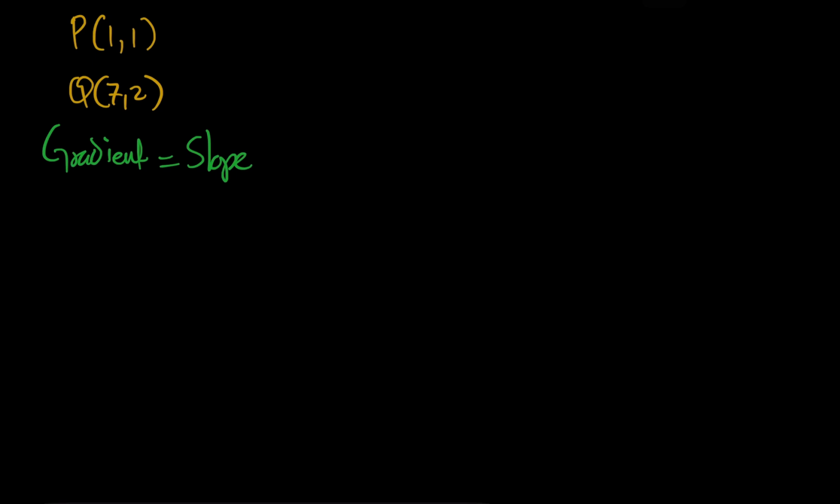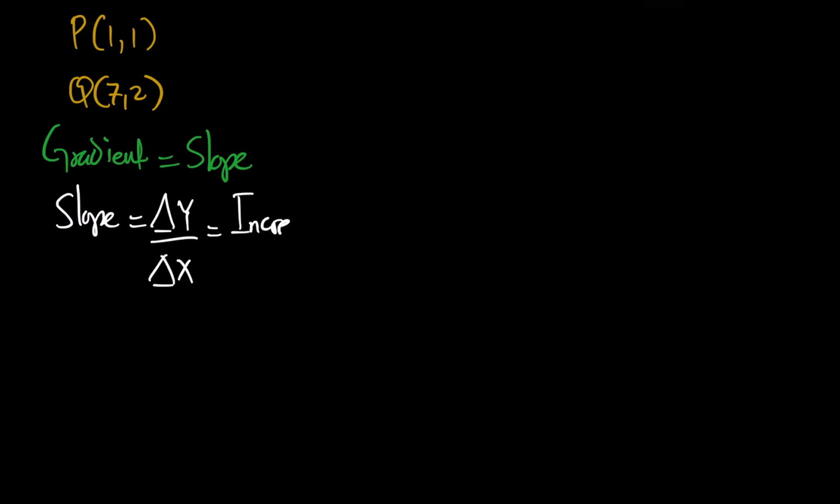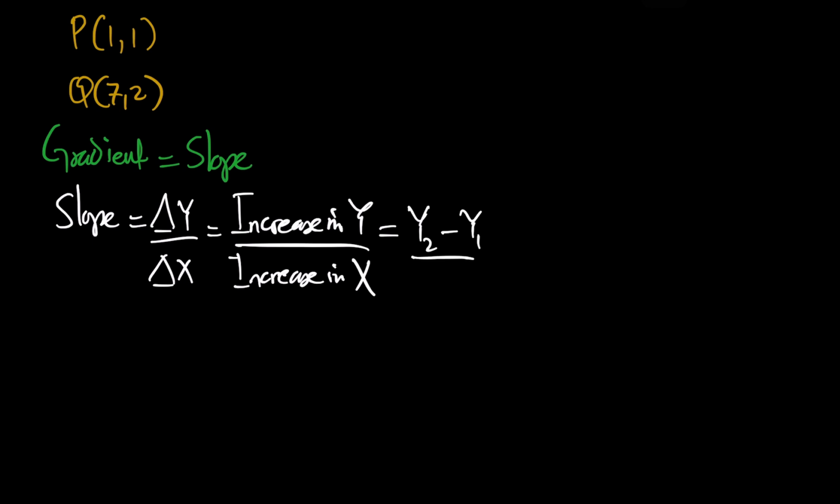Now the formula for finding the slope is what? It's a change in y over a change in x, which is an increase in y over an increase in x. The top part is y2 minus y1 divided by x2 minus x1.